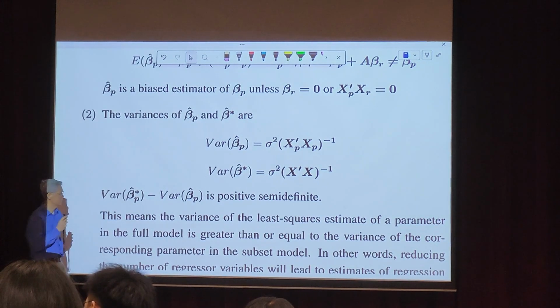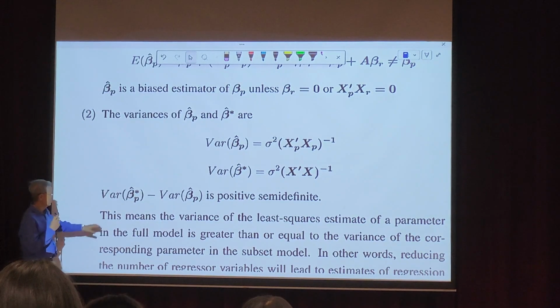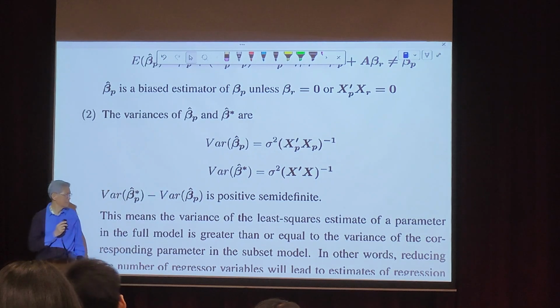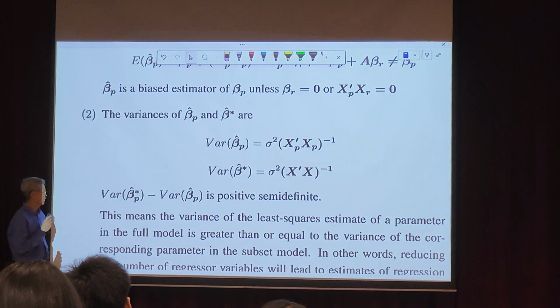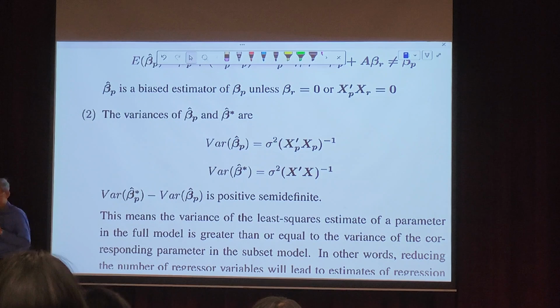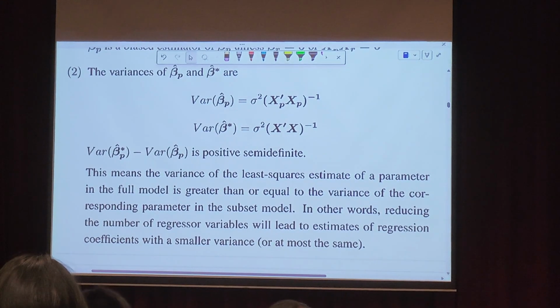That means the variance of the least square estimate of a parameter for the full model is actually greater than or equal to the variance for the subset model. So that's a result that we need to know. For the full model, the variance is larger.